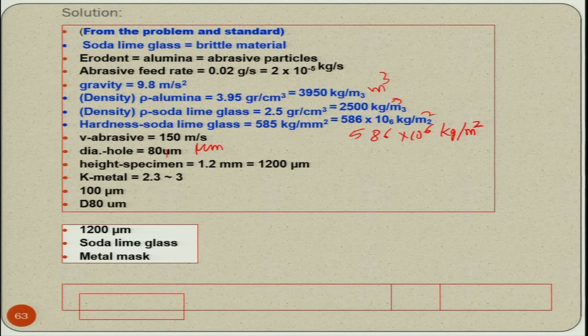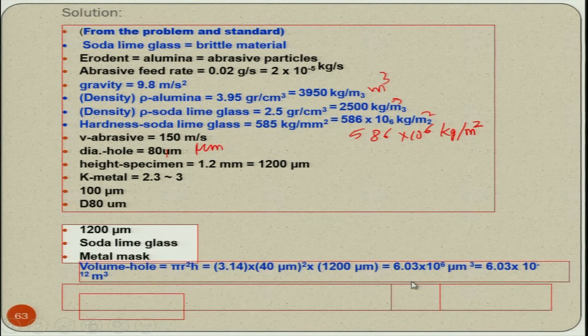The mask being used is metal mask, as we have already seen 3 different kinds of mask can be used depending upon the requirement. The volume of the hole which is to be machined is equal to pi r square h, where pi r square gives the cross section and h is the depth.